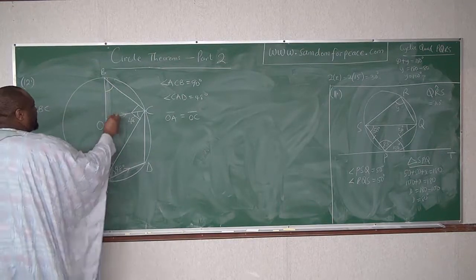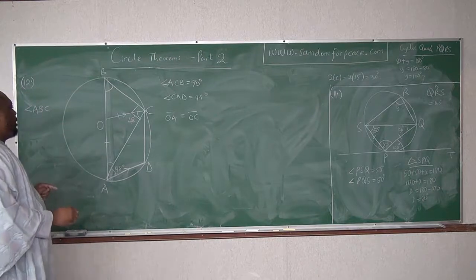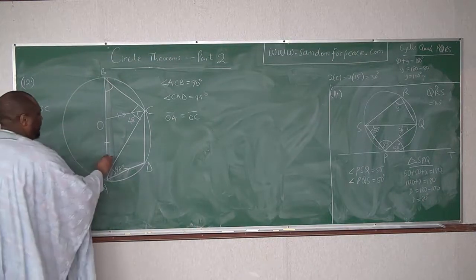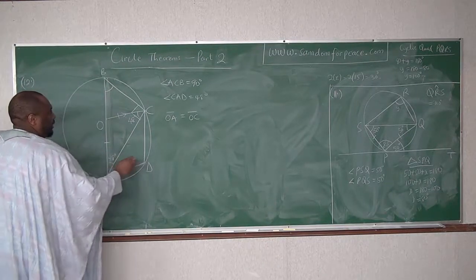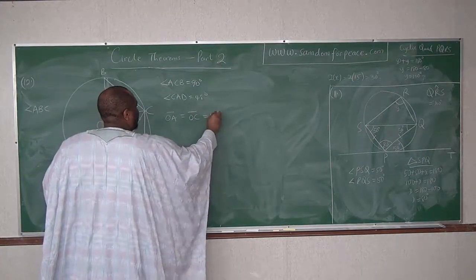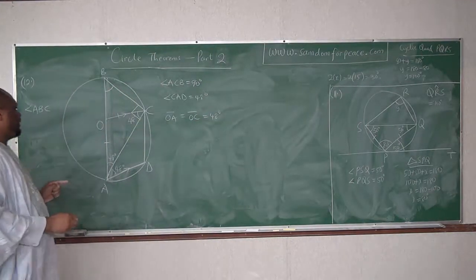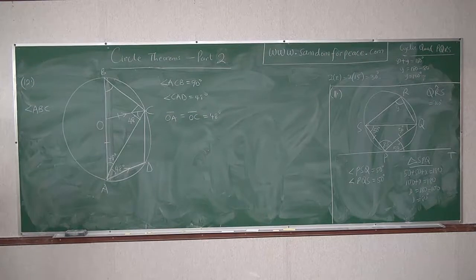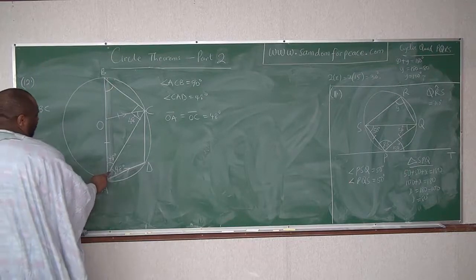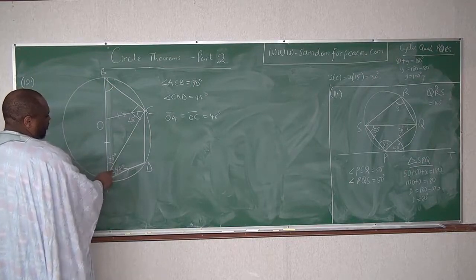This is a radius, this is a radius. So this is 48 degrees here. Reason: base angles of isosceles triangle. Okay, so we probably won't make it of this 48.